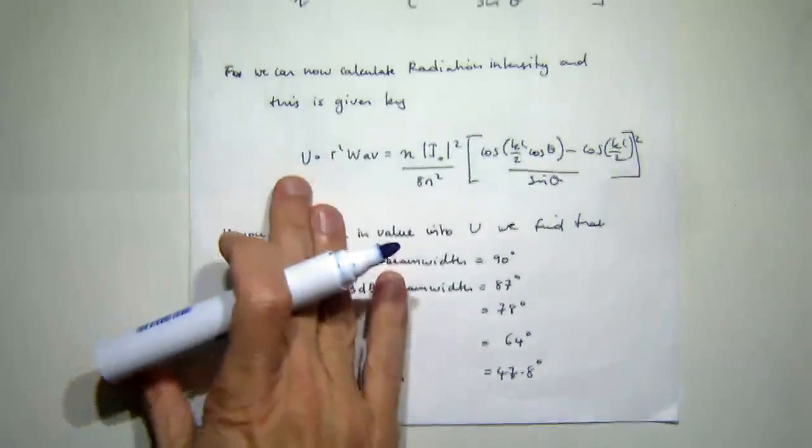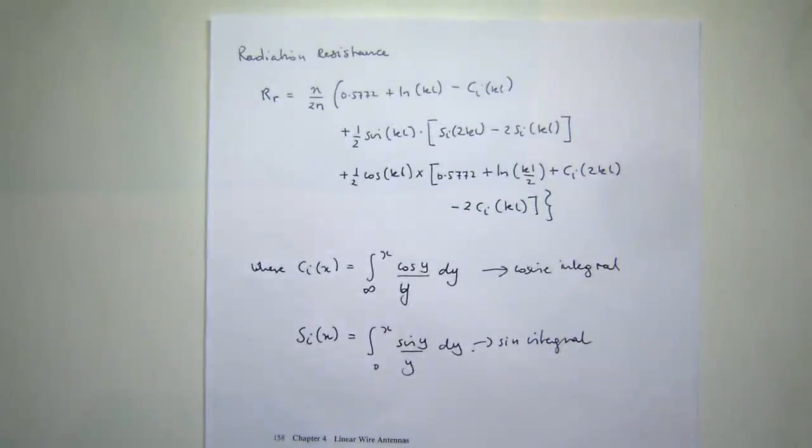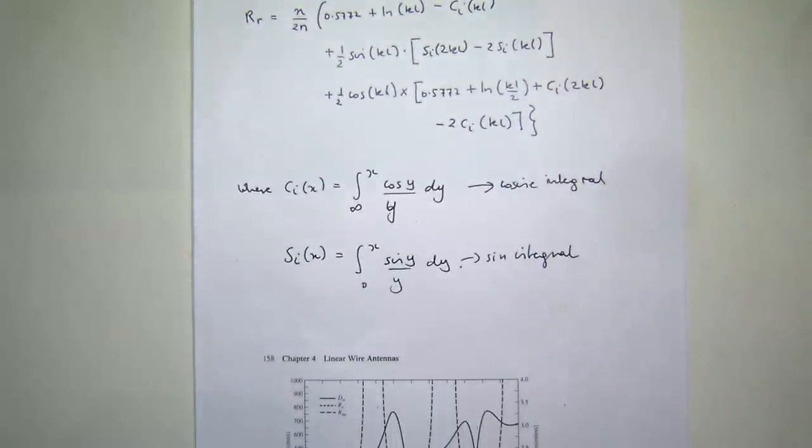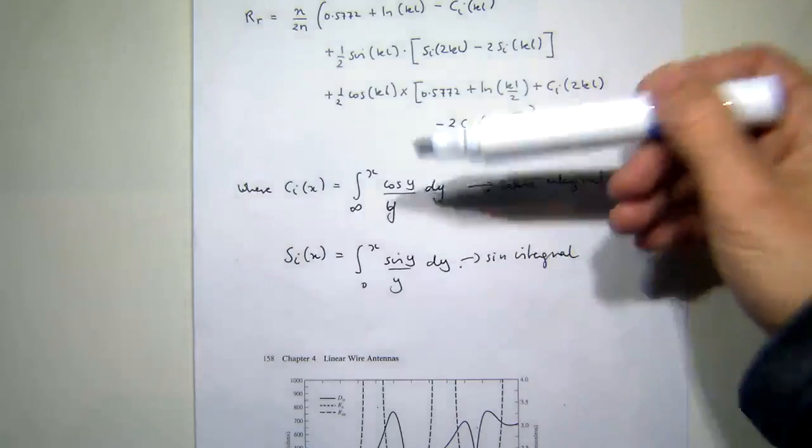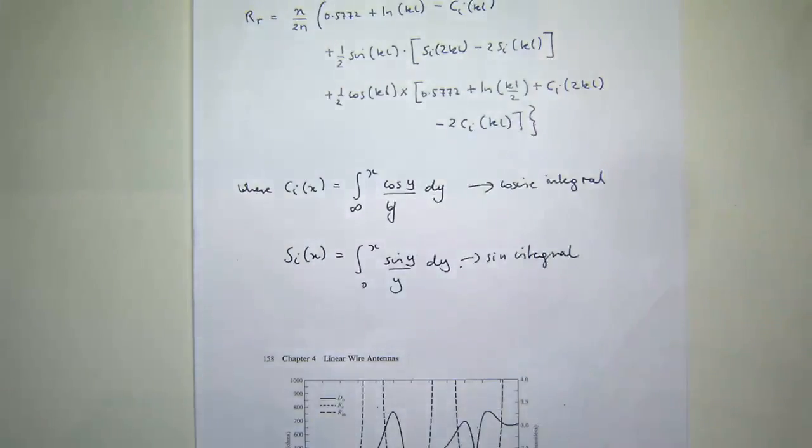Okay. Then, just to recap, we also went through and calculated the radiation resistance. Because this involves a whole bunch of sine and cosine integrals, and by that I mean cosine on y, sine on y, which are relatively complex integrals to calculate.